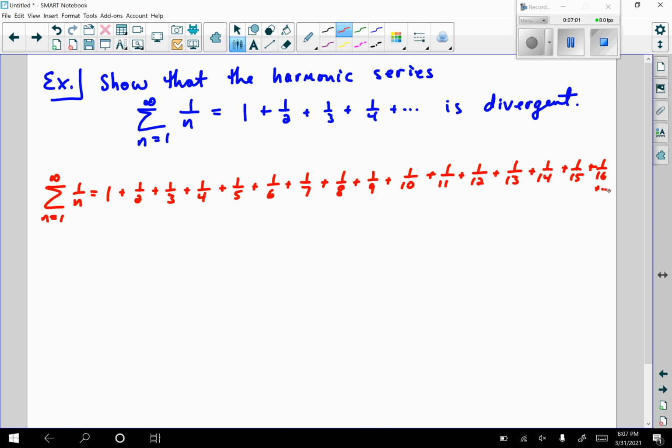And then it does keep going. All right, so what we're going to do is we're going to kind of compare this to a certain value.